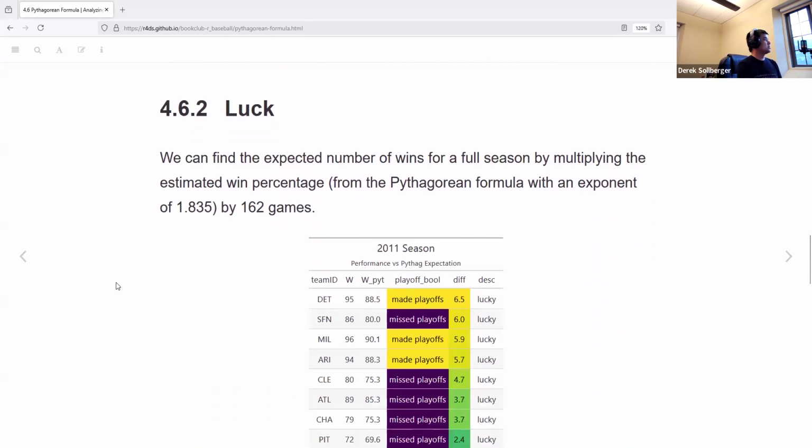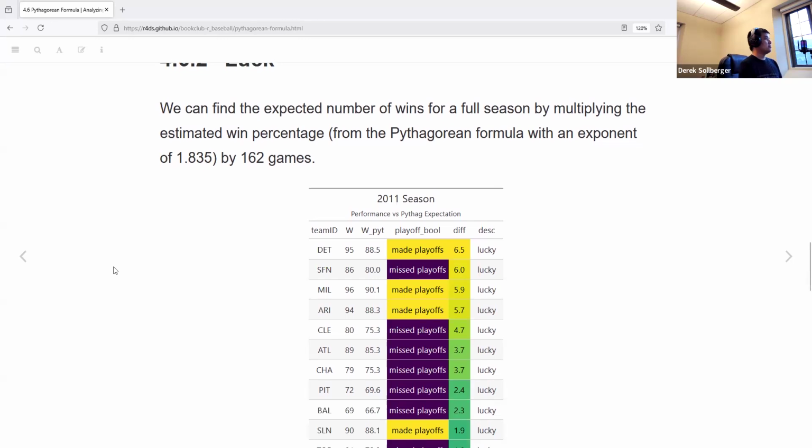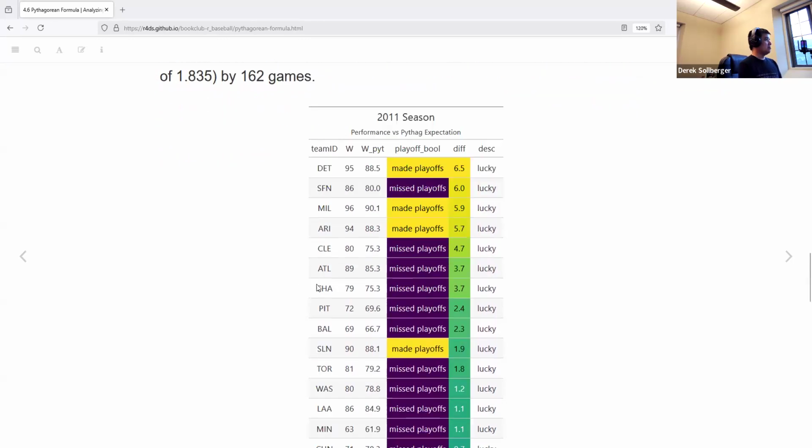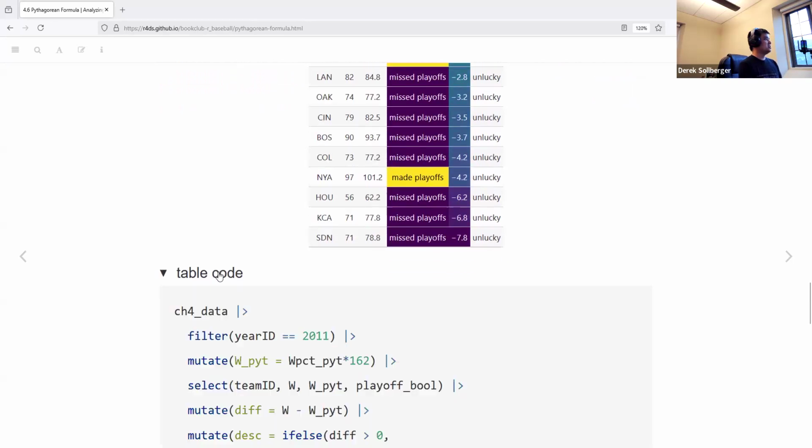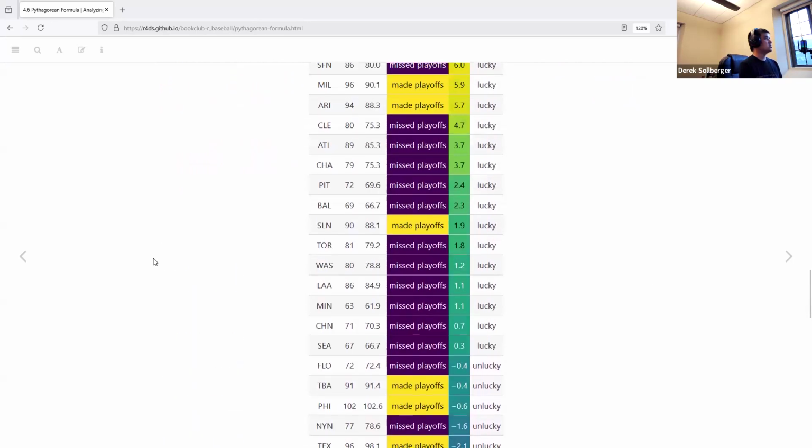What I wanted to do, mostly following the textbook's lead, is to get a sense of luck: which teams outperformed their Pythagorean expectations and which teams did worse. For storytelling reasons, the authors focused on the 2011 season, so you might have to go back in your memories a bit. I went ahead and printed a whole table, and once again, if you're curious about the GT code, I've included it in the slides.